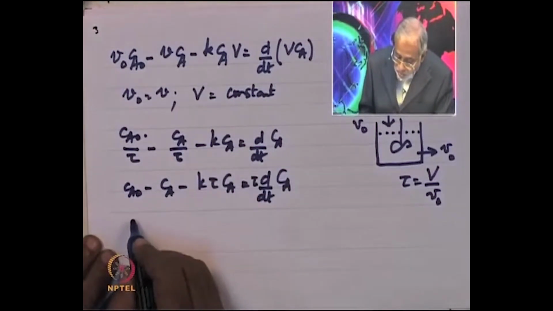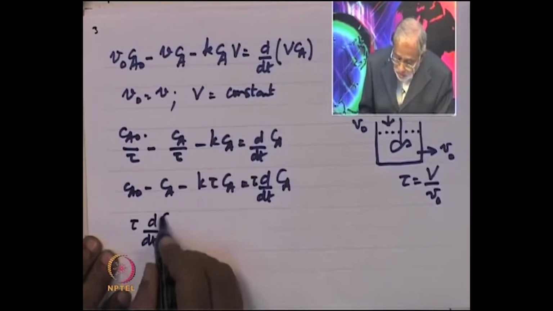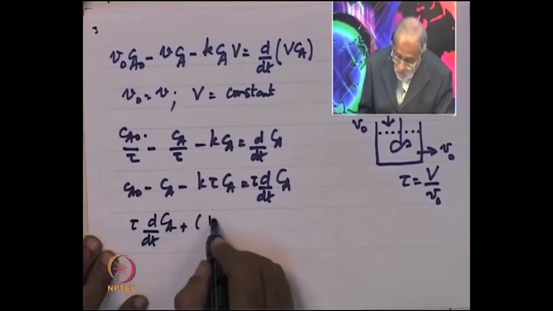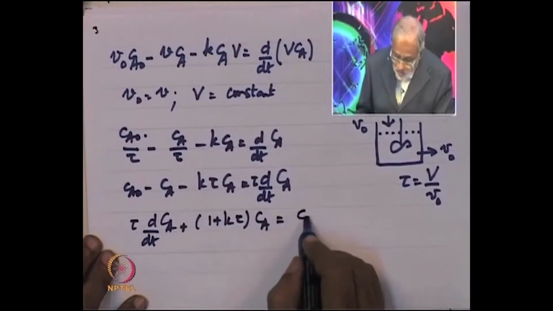Therefore, let me write this as tau times d by dt of C A plus 1 plus k tau times C A equal to C A 0.